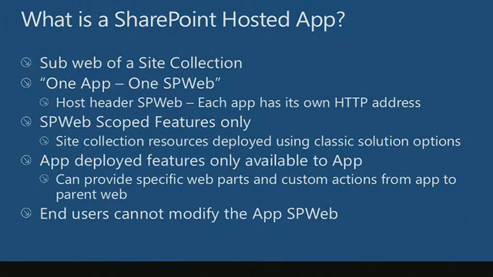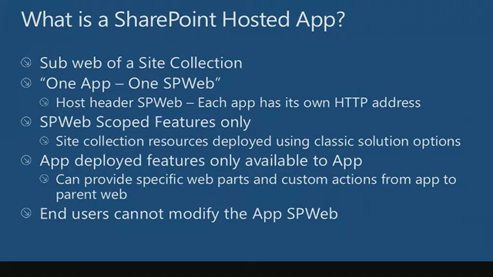One of them is a SharePoint hosted app. Technically, every application becomes its own subweb of a particular site collection. So the way to think about this is that an app equals an app web, which means we've got a host header to get there, and we do need some DNS entries, DNS wildcard entries, to be set up so it knows where to navigate.